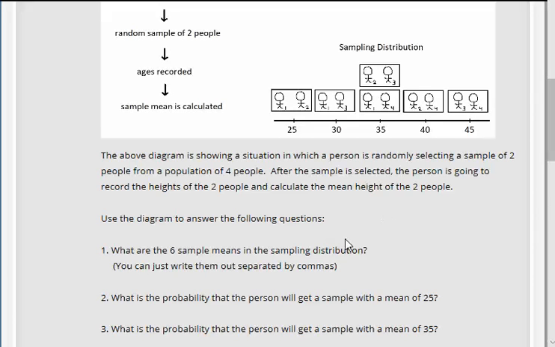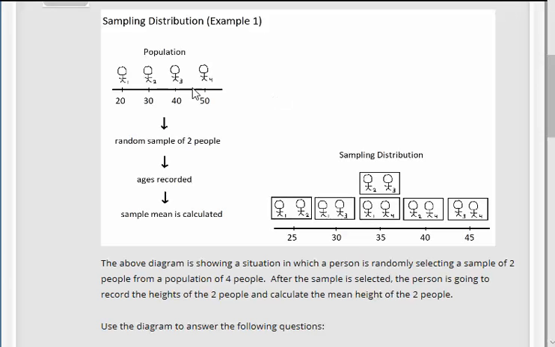That's question 1. Question 2 says, what is the probability that the person will get a sample with a mean of 25? This is asking, what's the probability that after the person selects the 2 people, the average will be 25? Well, it depends on how many of the 6 possible samples have a sample mean of 25.